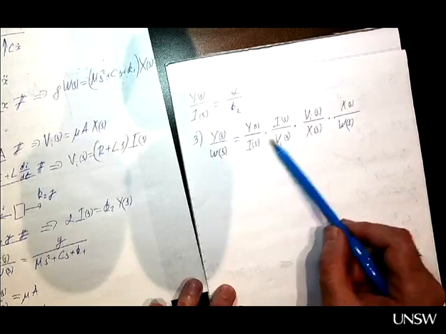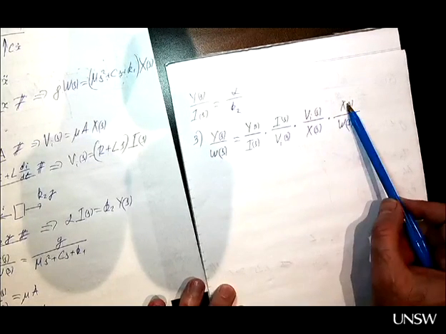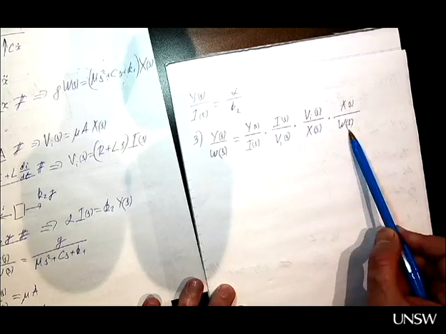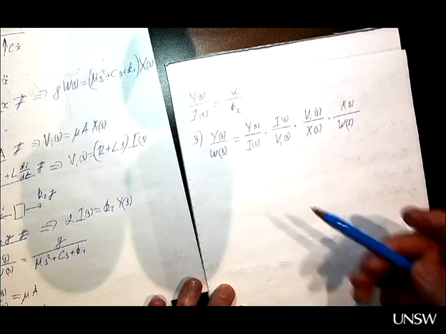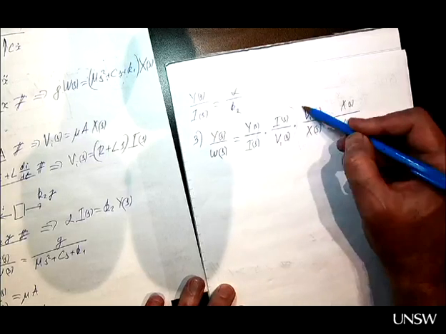Okay. This is correct, obviously, because if you cancel these, you end up with y and w. But I'm not canceling anything. I'm just going to use the expressions I already have for these 4. We just derived them.